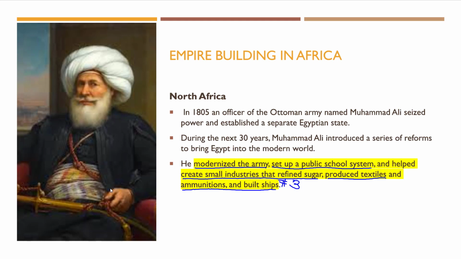Within his rule, he was able to bring Egypt into the modern world and industrialize it by creating an army. He modernized the army, set up a public school system, and created small industries that refined sugar and produced textiles, ammunition, and shipbuilding. Okay, and that's what happened in Northern Africa.